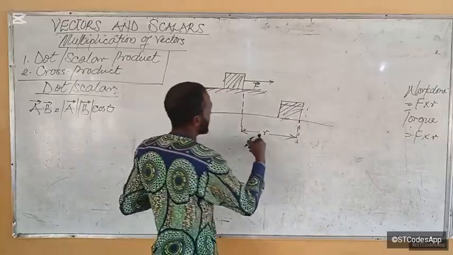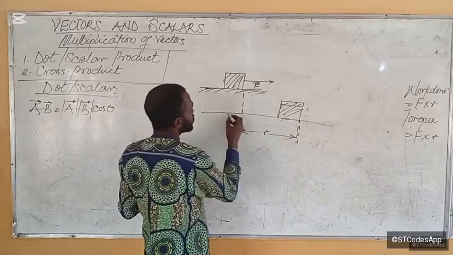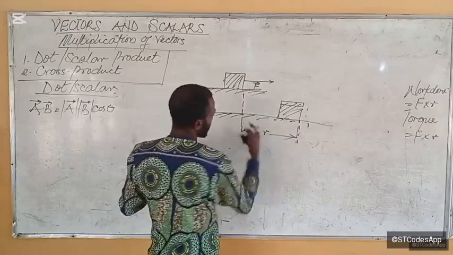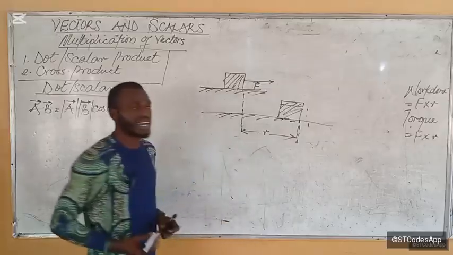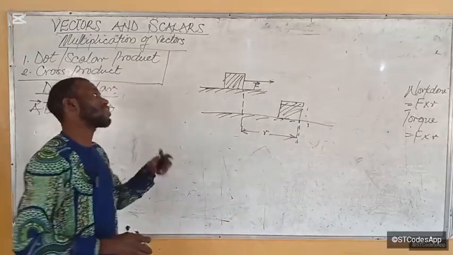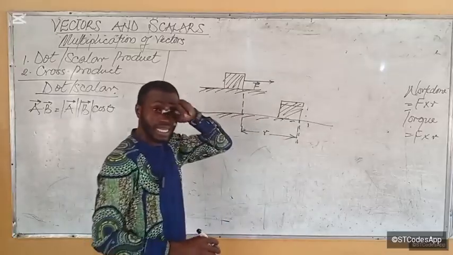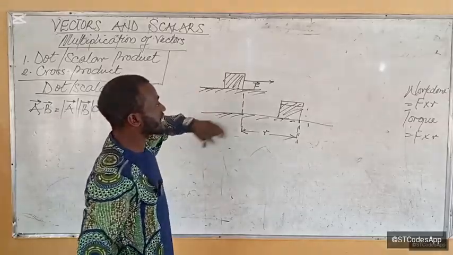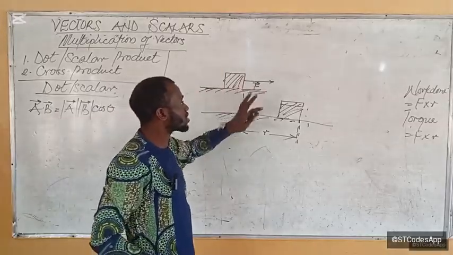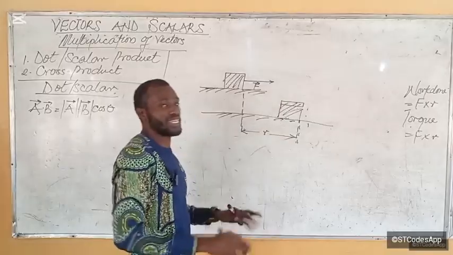So as we are looking at it here, this body has moved this distance R. If I say calculate for me the work done, you simply multiply the force times the displacement. Is that clear? But this is only possible because this force is in this direction. You do it directly like that.